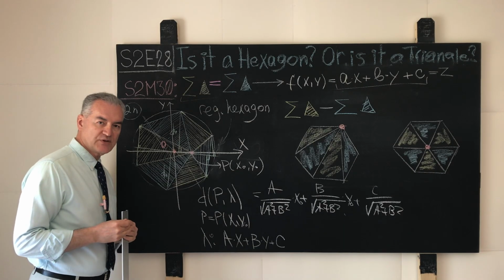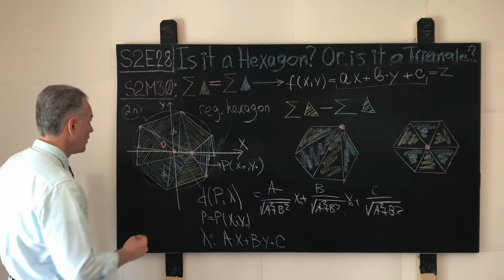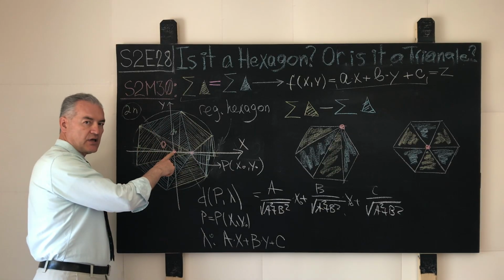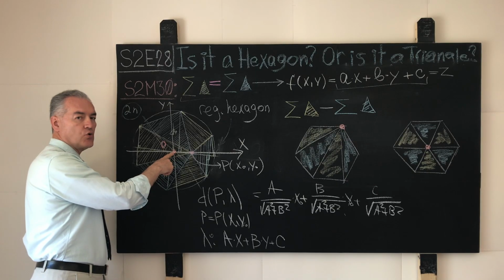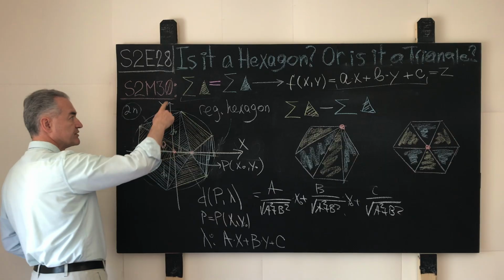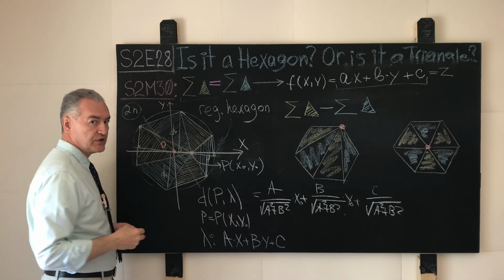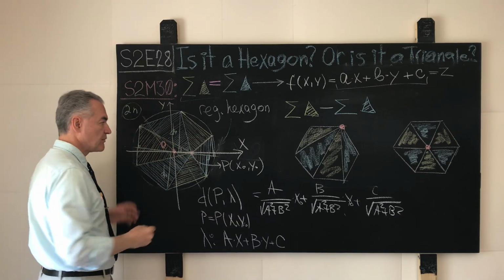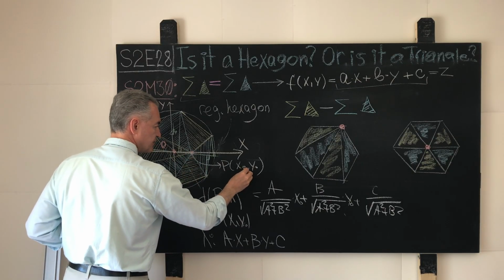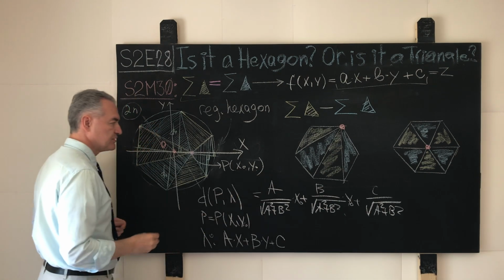As we promised in the previous segment, we now take our regular hexagon, locate its center, and into that center we place the origin of a traditional orthogonal coordinate system xy shown over here. In that coordinate system, our randomly chosen point P will have, let's say, coordinates x0 and y0.